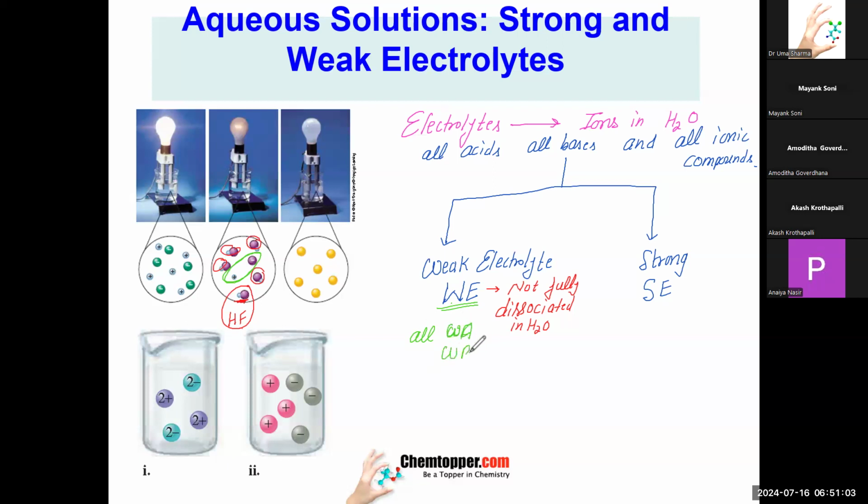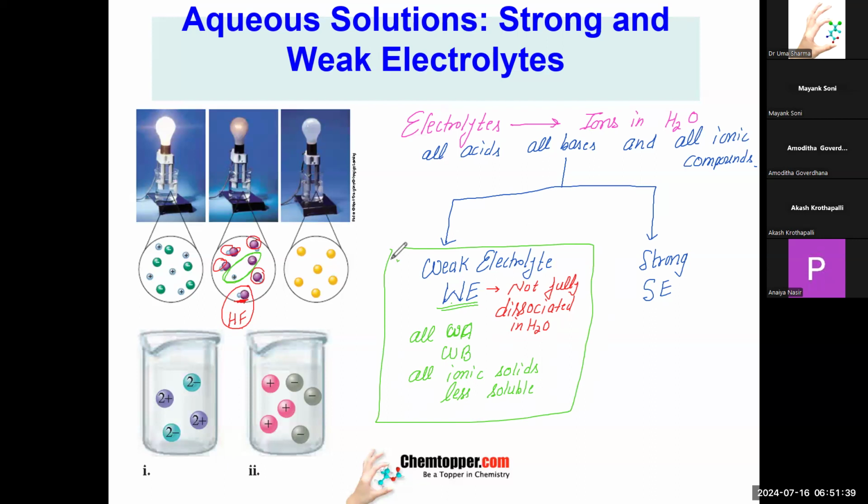All weak bases and all ionic compounds which are less soluble, ionic solids whose solubility is very less, slightly soluble, the ones which have a tendency of precipitating out, they all are weak electrolytes. They are not fully dissociated. So you have the list, children.